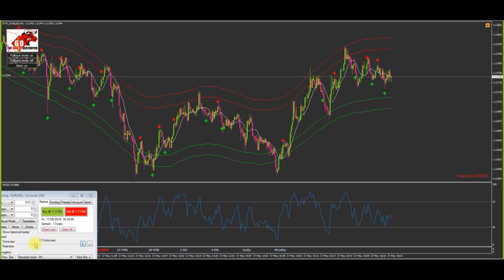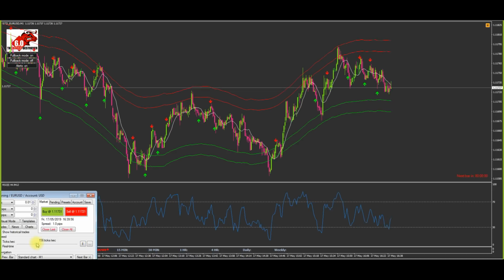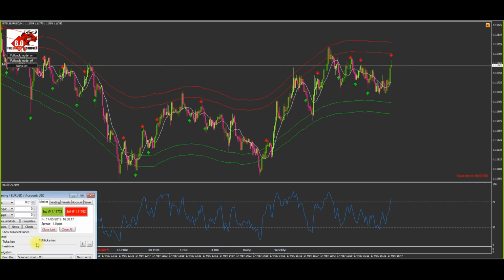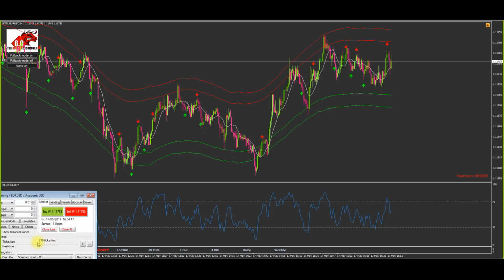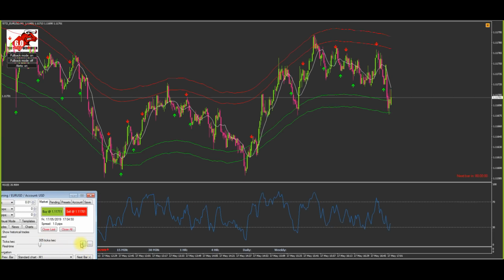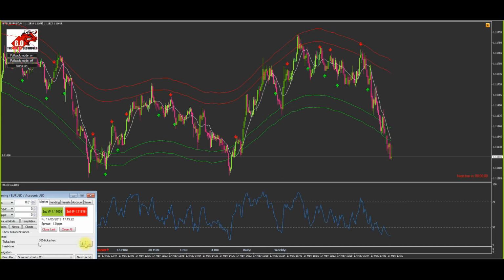I'll just speed up a little bit. Okay, we're coming back down. Are we going to come to this support area at the bottom?